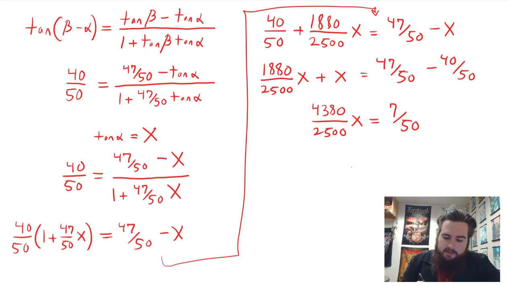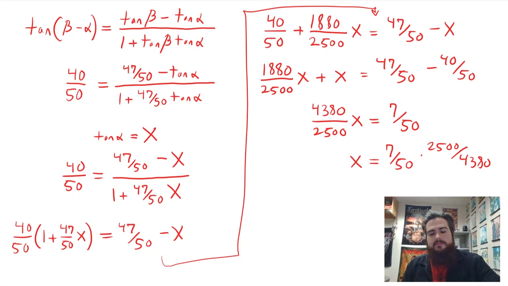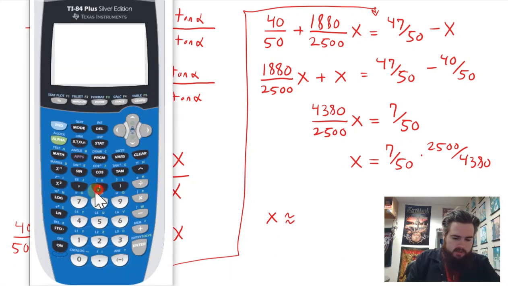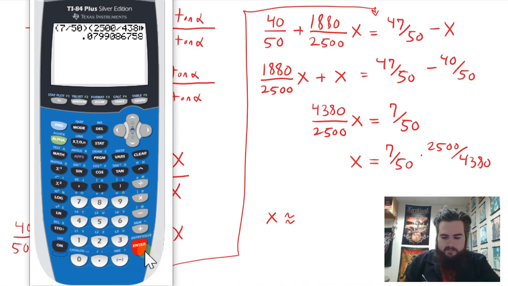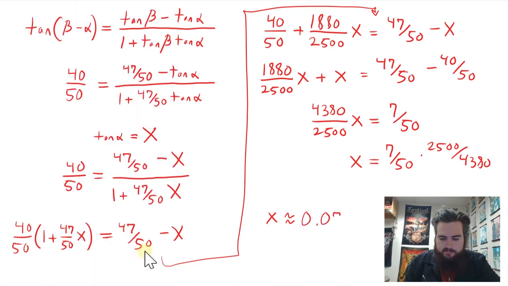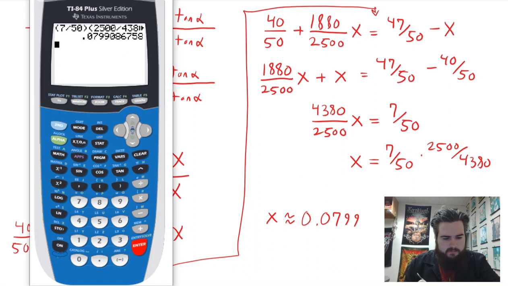I can solve for x now as 7 over 50 times 2500 over 4380. Or x is approximately 7 over 50 times 2500 over 4380, equals about 0.0799. Yeah.